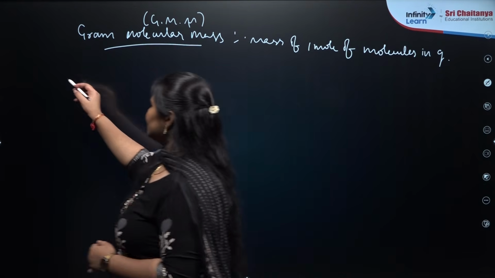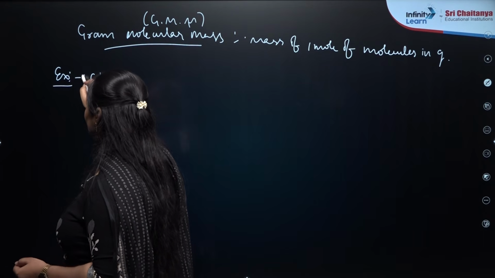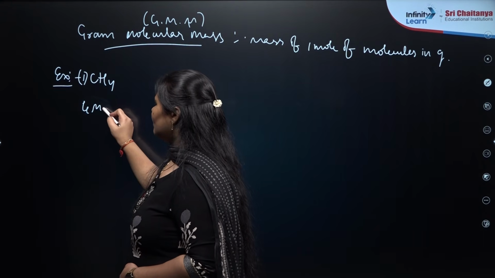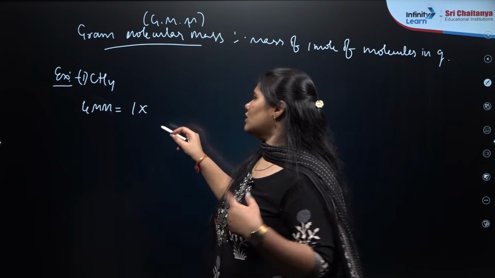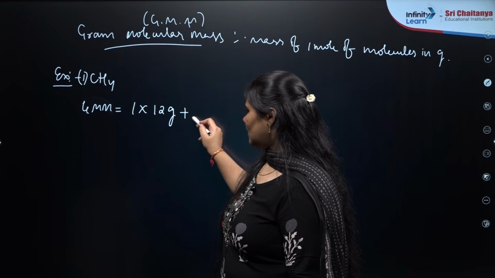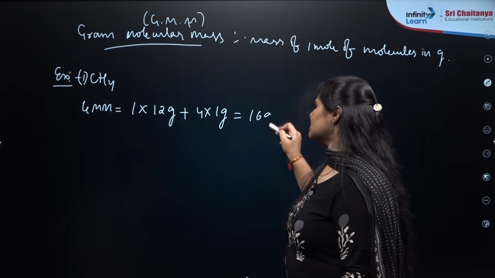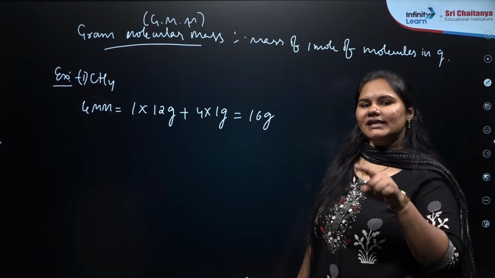Let us take the same example, CH4. As I am calculating gram molecular mass, you have to take carbon's GAM, not just atomic mass. How much is it? 12 grams. And for hydrogen 1 gram, so it will be 16 grams. Earlier, when I asked you molecular mass, we took 16 AMU.